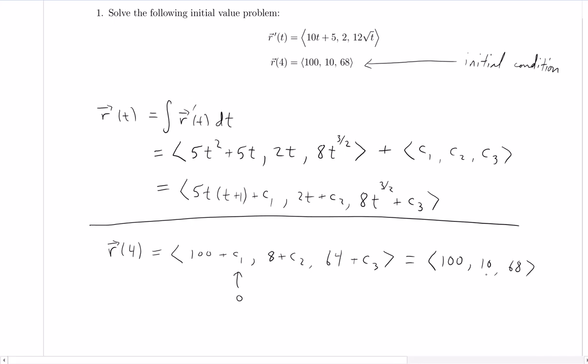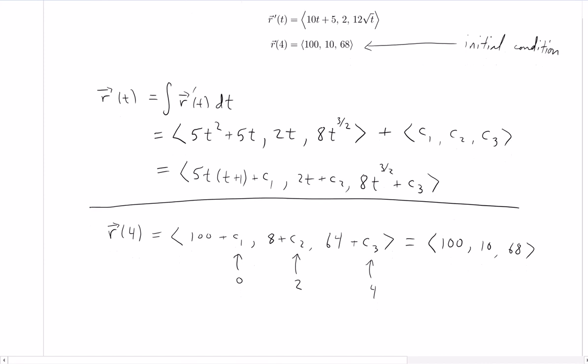The second component, we want it to be 10. We have 8 plus c2, so c2 should be 2. Third, for the z component, we want it to be 68. 64 plus c3, so c3 should be 4 in order to make that 68.